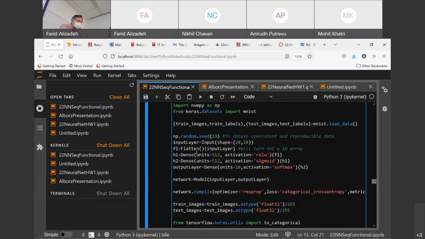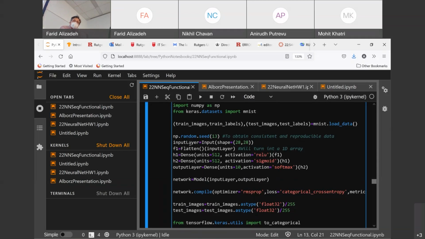See, there's a parenthesis: in the functional interface, the layer object creates a function, and that function is applied to another layer. That says the output of this becomes the input of this one. So here I have a Flatten layer that just makes it one-dimensional, but if you look at the interface, the Flatten layer is applied to the previous layer.